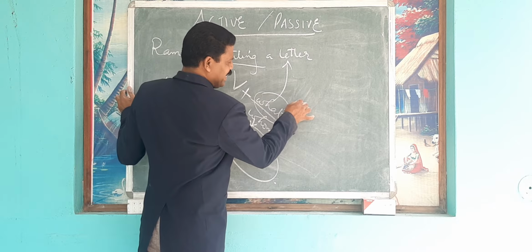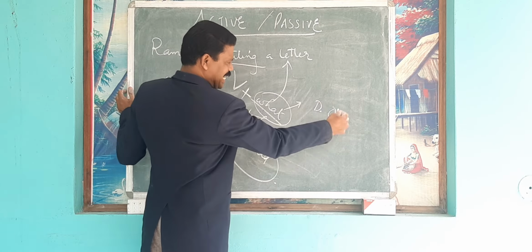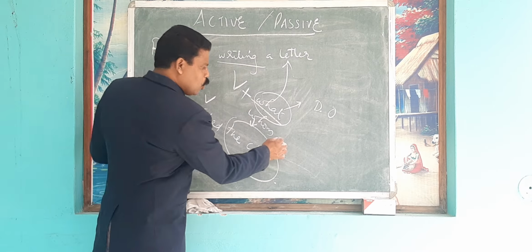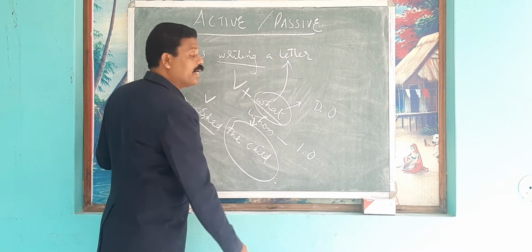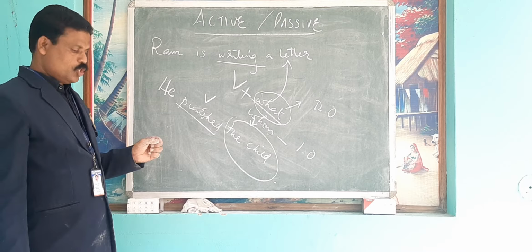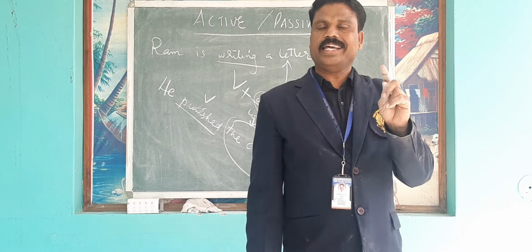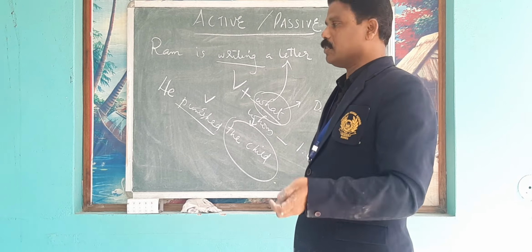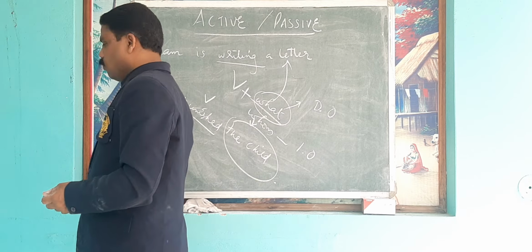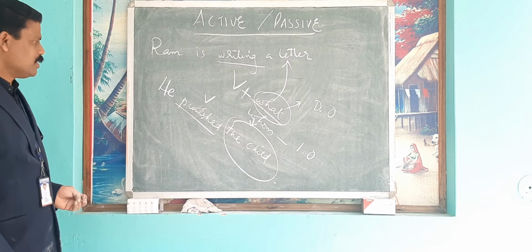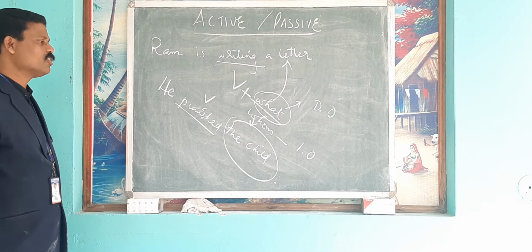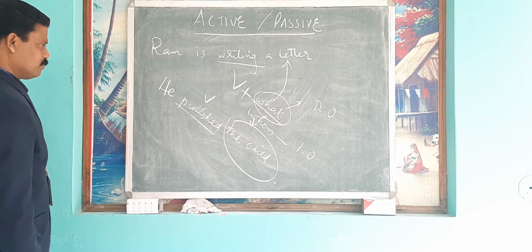What indicates direct object and whom indicates indirect object. So please notice there are two types of objects, direct object and indirect objects. What answers direct objects and whom answers indirect objects.